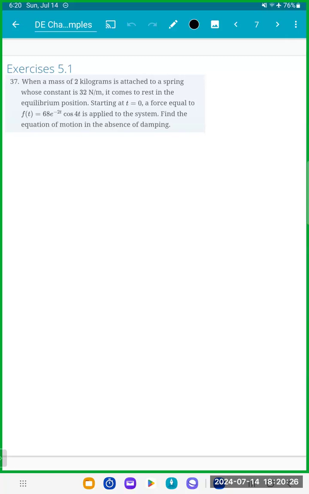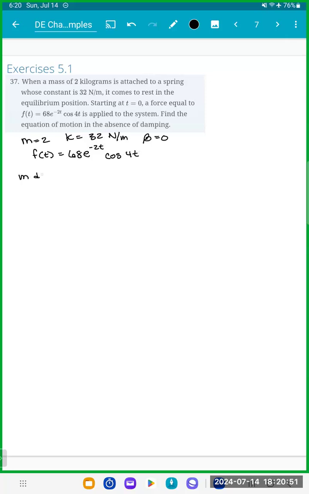Okay. So in this case, we know that our m equals 2. We know that k is equal to 32. And we know that beta is equal to 0. We also know that our function f of t is equal to 68 e to the -2t cosine 4t.